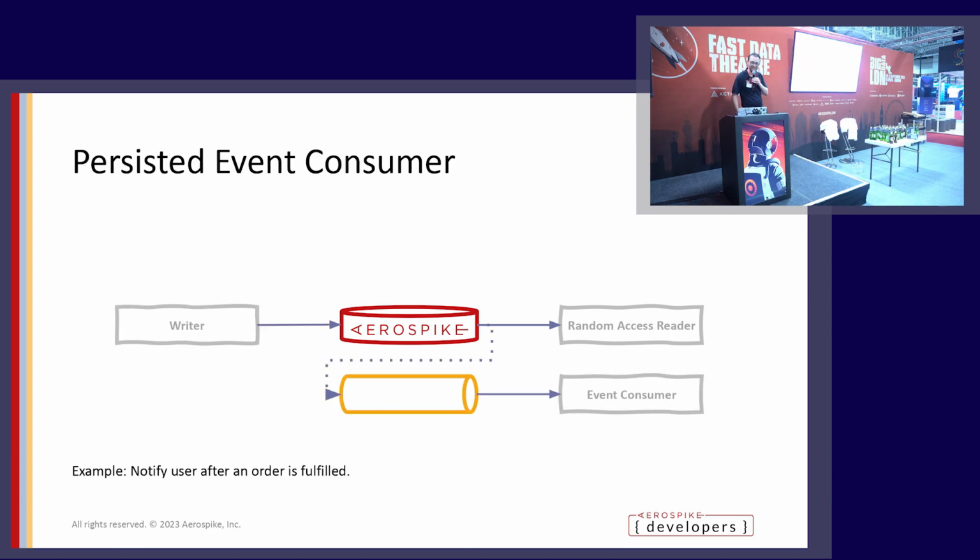The next one is persistent event consumer. Again, kind of obvious what I mean, but the example is going to be more interesting. Imagine you build an environment for order fulfillment, and you don't have any system for notifications. You just keep the information, and at some point, you say that this thing is available.